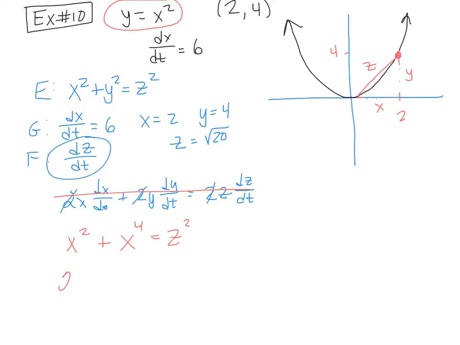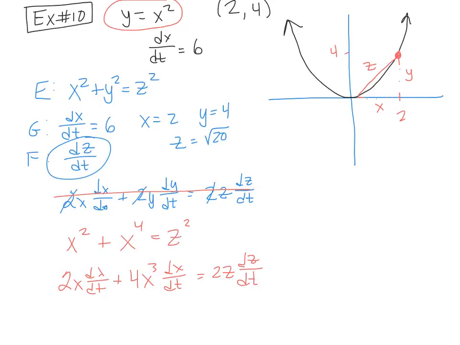Now I would have 2x dx/dt plus 4x cubed dx/dt equals 2z dz/dt. And now I have a related rates equation that is all in terms of x and dx/dt and no dy/dt's.